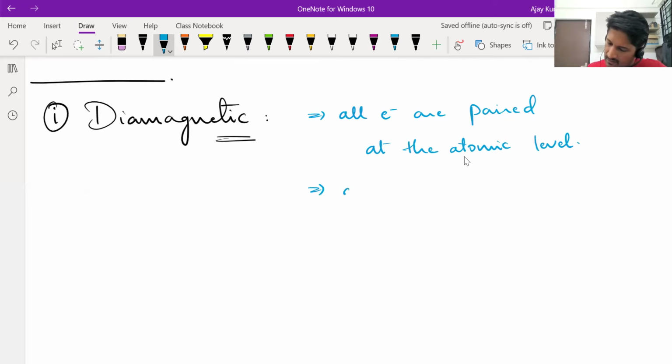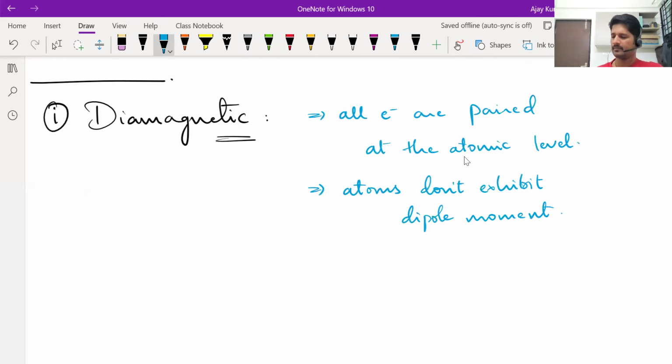It means atoms of such materials don't exhibit a dipole moment. Individual atoms of the material don't behave as magnetic dipoles. Such materials are called diamagnetic materials.